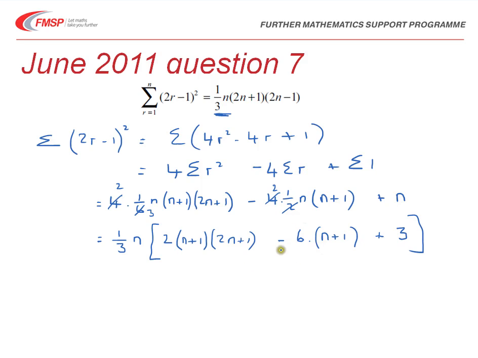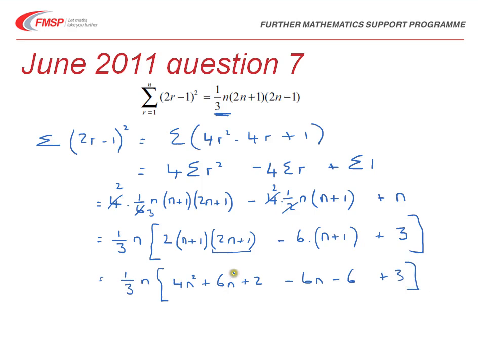Now, although this one will factorize, the square bracket will factorize, and 2n plus 1 is in here, I think most of you will probably multiply out that bracket, and that becomes 4n squared plus 6n plus 2, and then minus 6n minus 6 and plus 3.